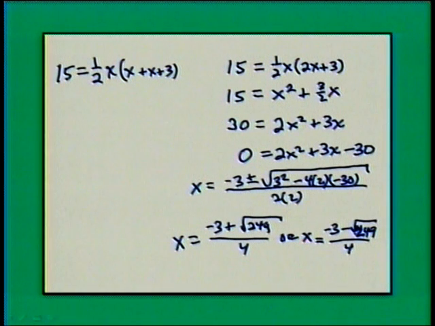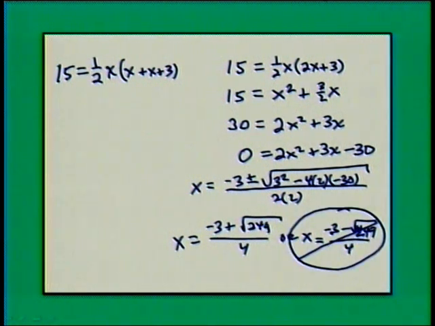In this second proposed solution, both terms in the numerator are negative. So the decimal approximation of this second solution is destined to be negative. Well, what is x representing? It's representing a length. There are no negative lengths. So I don't need to even bother getting a decimal representation of this number. There's no way this is going to be a valid solution in the context of the problem.